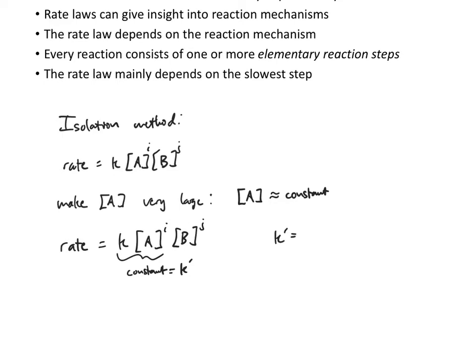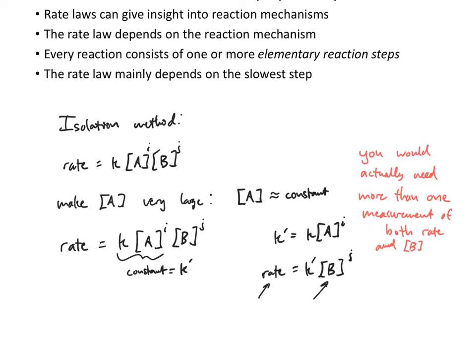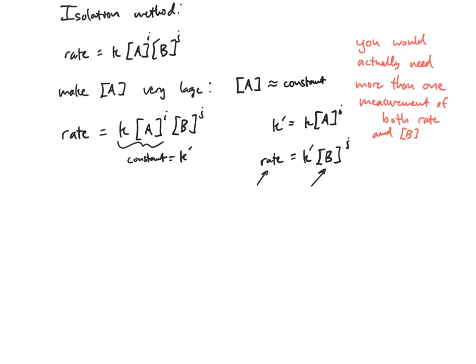So K prime equals K times the concentration of A to the ith power, again, approximately constant, and our new rate law is just going to equal K prime times the concentration of B to the J power, like so. So then all you need to do is, at this point, take one measurement of the rate and one measurement of the concentration of B, and you're able to create a linear system of equations.